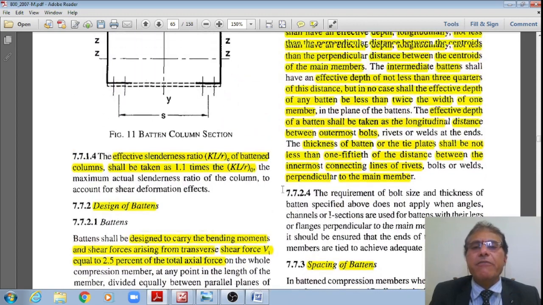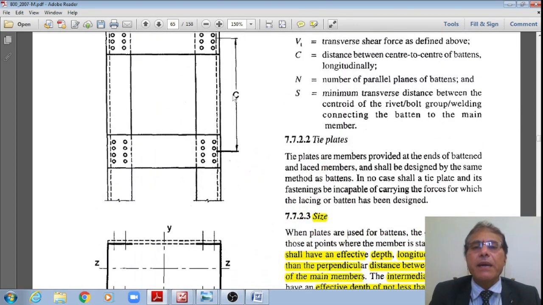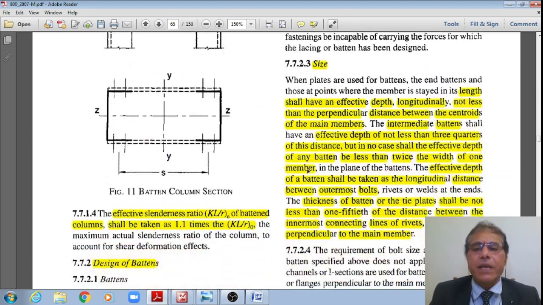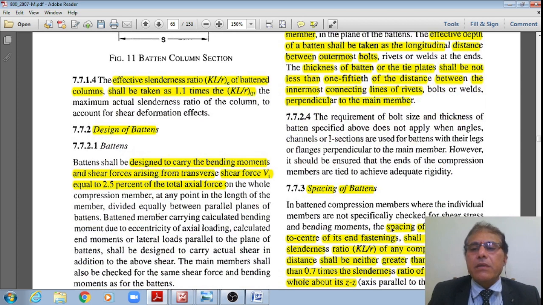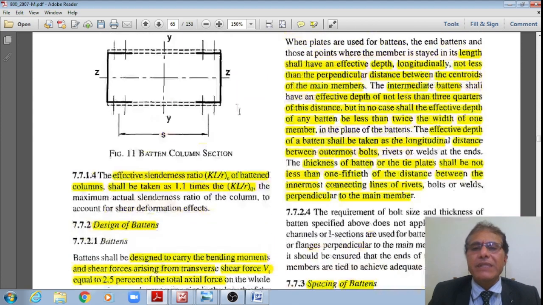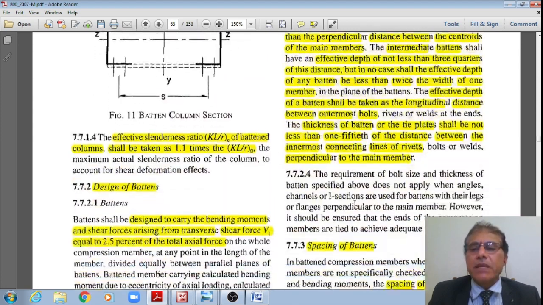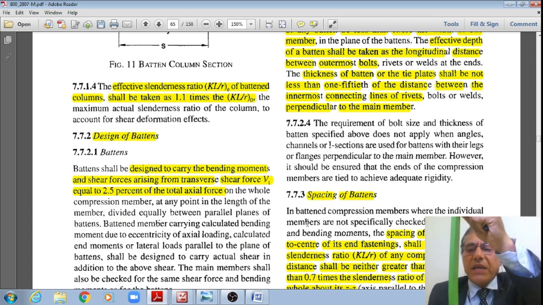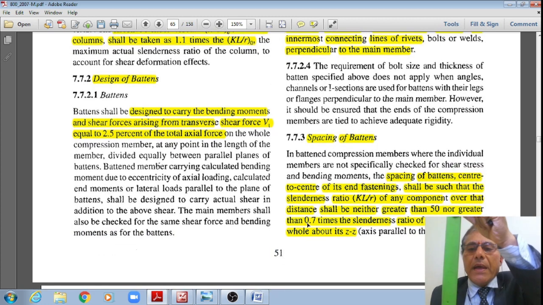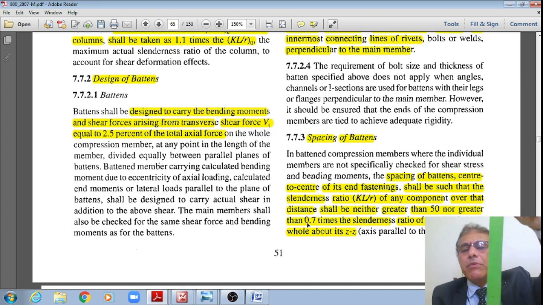Now the next one is the spacing of battens. In this figure it is notated by capital C. What should the spacing of these battens be? It is given like this: the spacing of the batten, center to center of its end fastenings, shall be such that the slenderness ratio KL by r of any component over this distance shall neither be greater than 50 nor greater than 0.6 times the slenderness ratio of the member as a whole about the ZZ axis, the axis parallel to the battens.